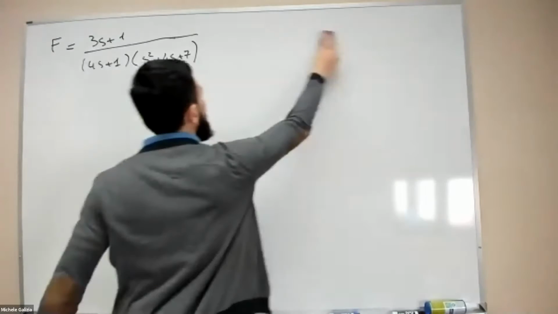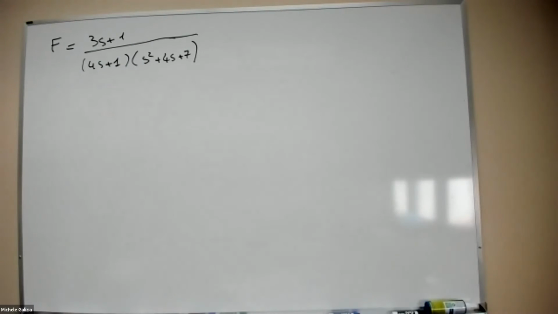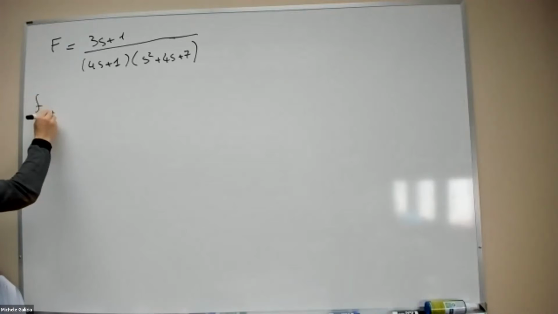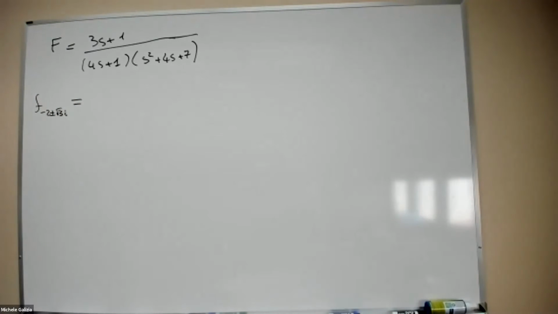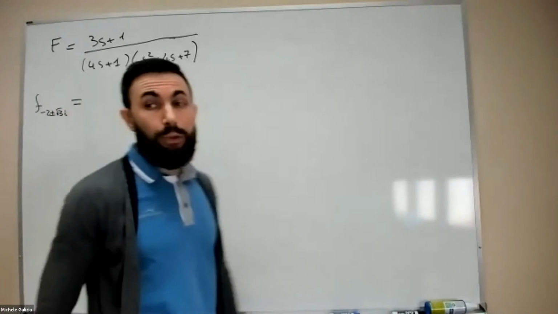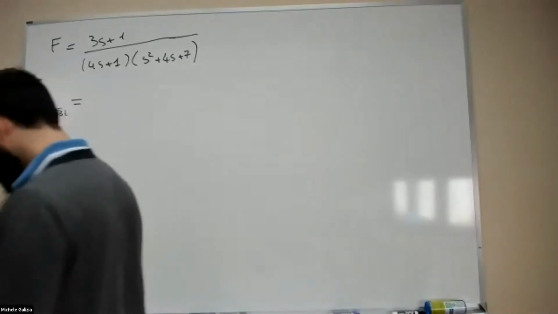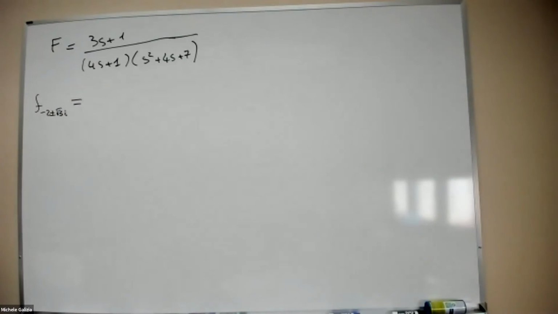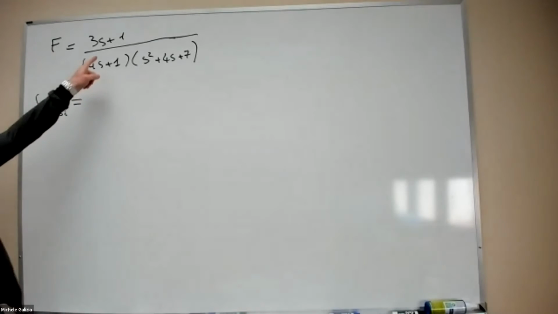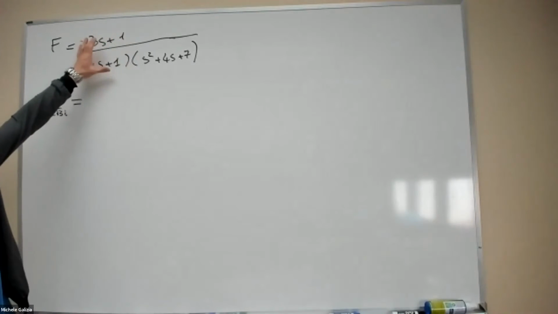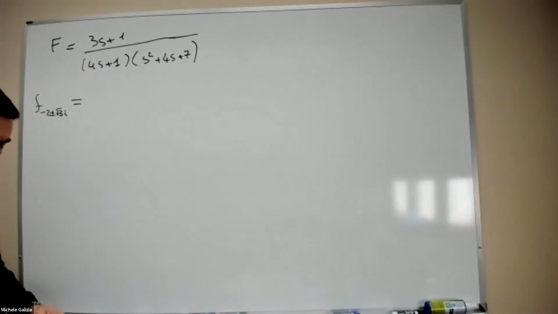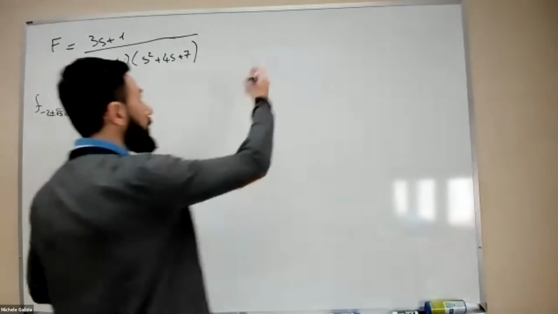Now, we have to calculate the contribution associated to the complex pole. And so we have to use the third Heaviside theorem at this time. So, first of all, we have to rearrange a little bit this expression based on what you can see on the slide.